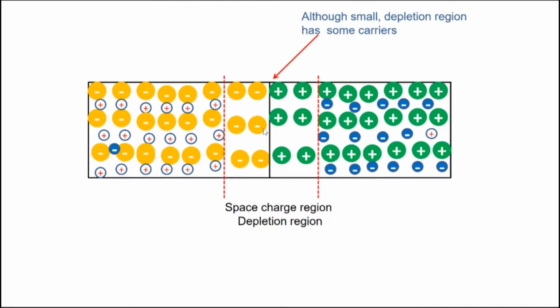Okay. Note that, again, I want to emphasize that although small, the depletion region has carriers, because this region stays as it is. So this is still a p-type region with 10 to the power 16 holes and 10 to the power 4 electrons. This region has 10 to the power 16 electrons and 10 to the power 4 holes. If we look at hole density, it starts from 10 to the power 16 and eventually goes to 10 to the power 4.